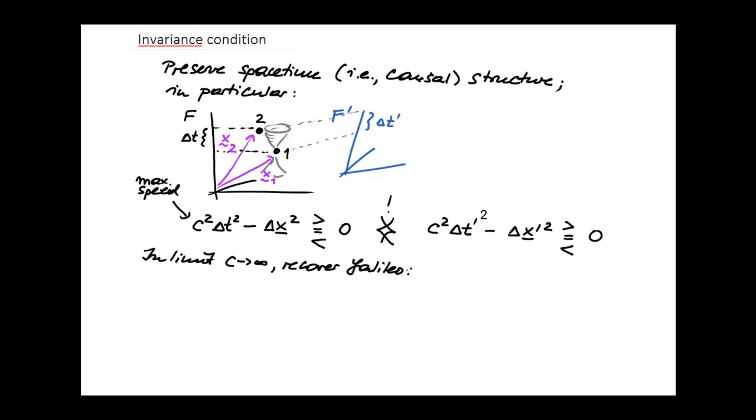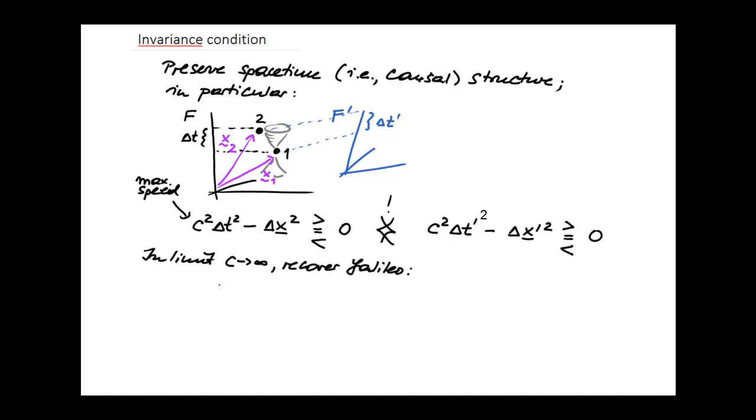Because in that case, you can divide our condition by c squared, then you have delta t squared minus spatial distance squared divided by c squared. If c goes to infinity, then you can neglect the second part and you're just left with delta t, right?